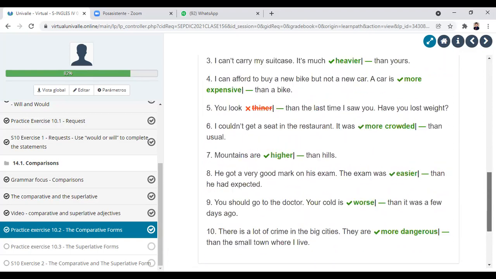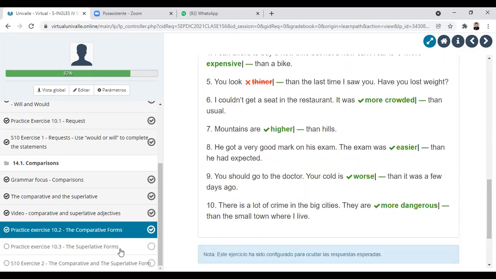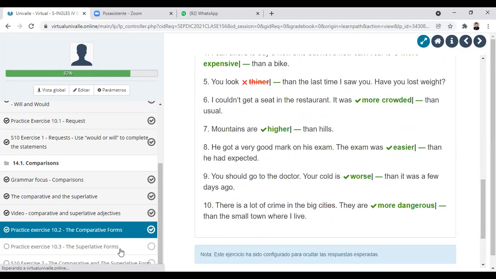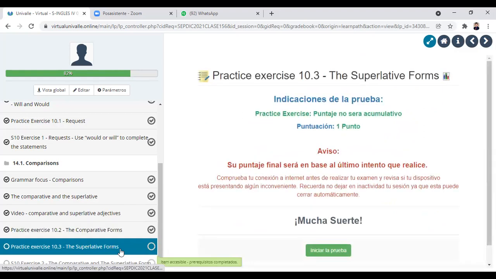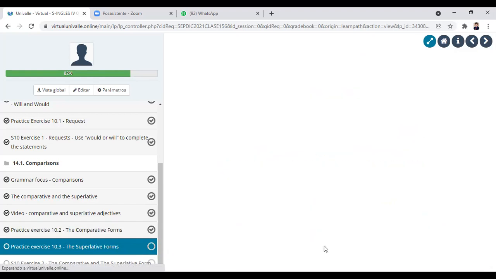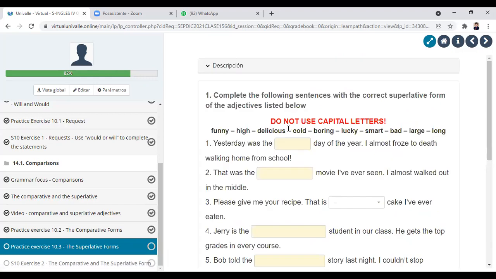Okay, here we have our second practice exercise, the superlative forms. Yesterday was the coldest day of the year. I almost froze to death walking home from school.